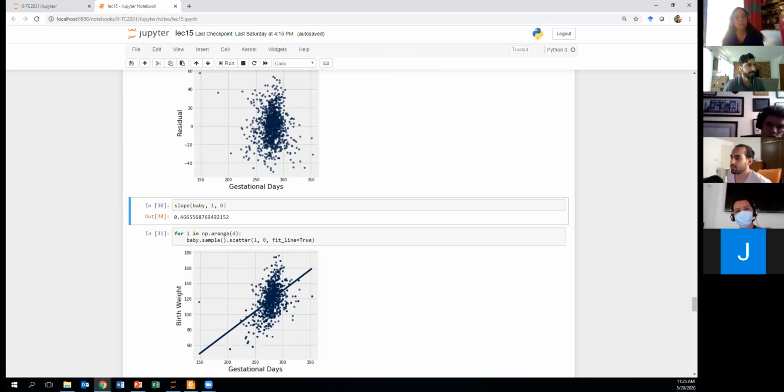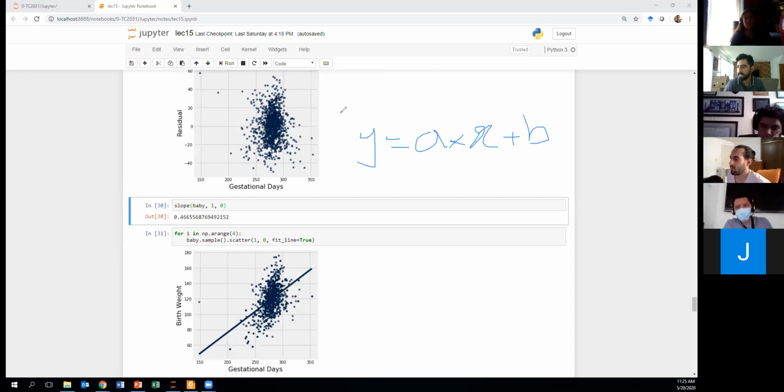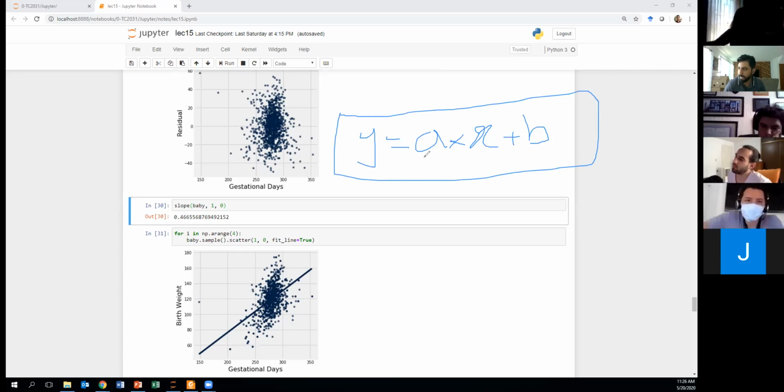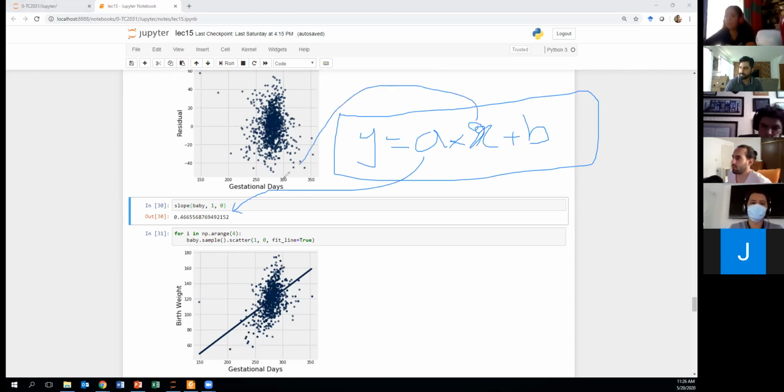You remember the equation was y equals, whatever, a times x plus b. This is basically our linear equation. So a is the slope. This is my x value. My x value is basically gestational day.